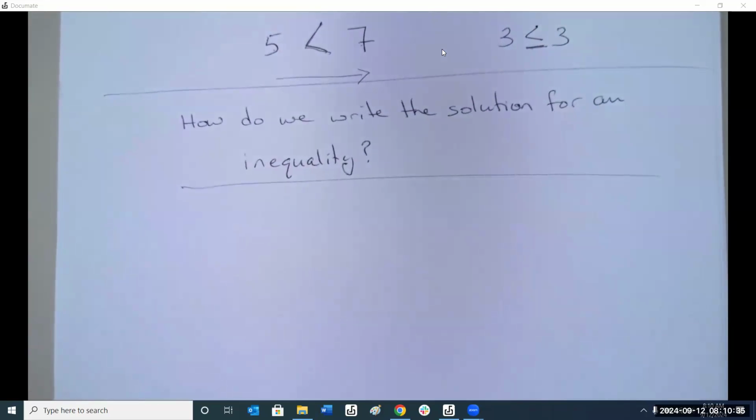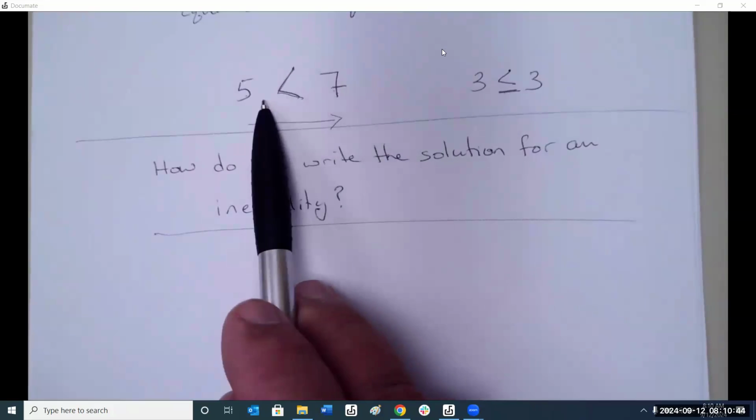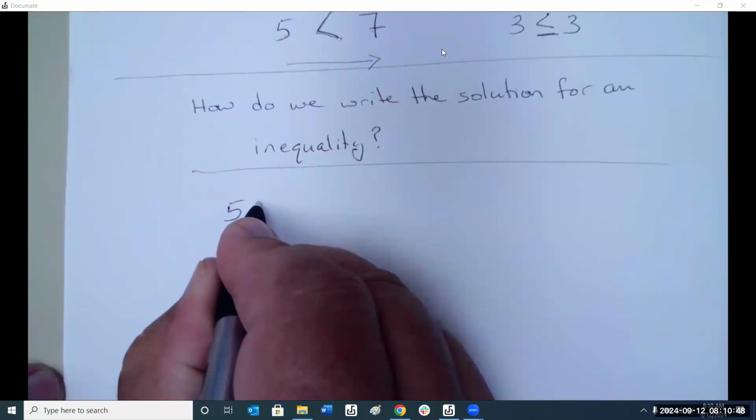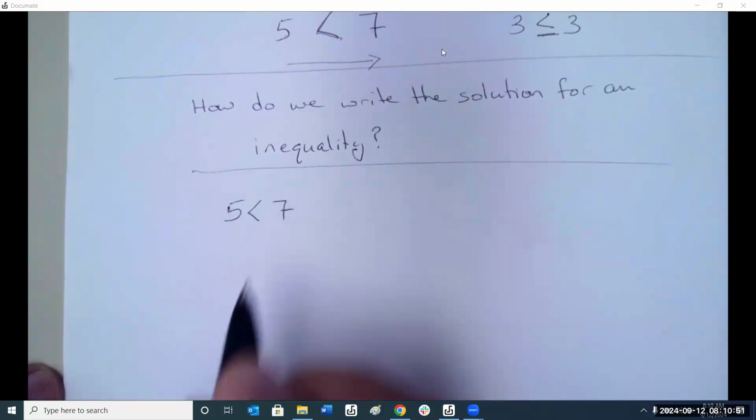So how do we write a solution to an inequality? Right. There's one way you can write it. So we can write it that one number is less than another number.